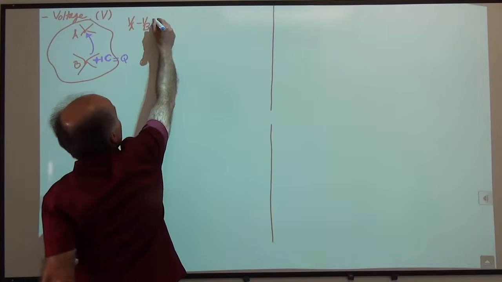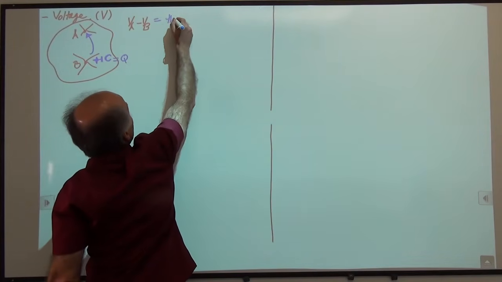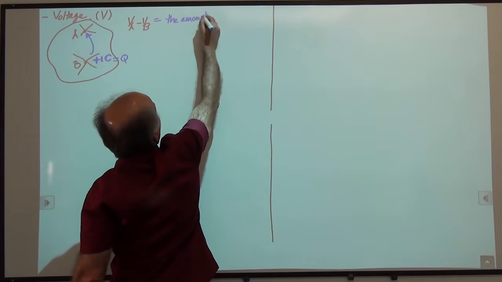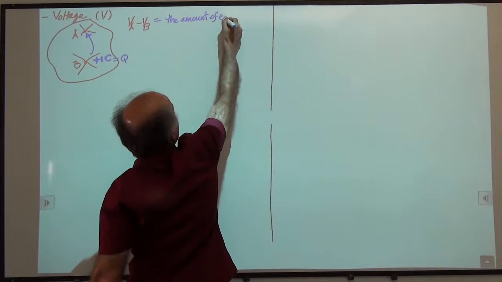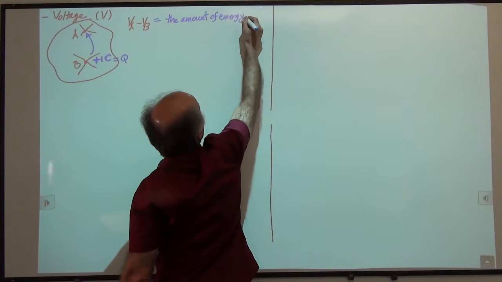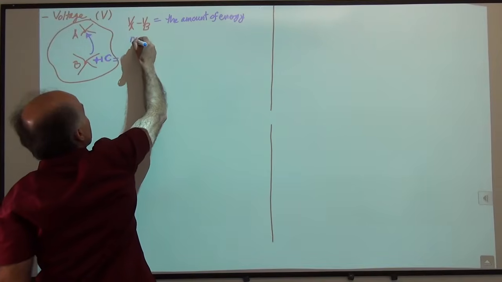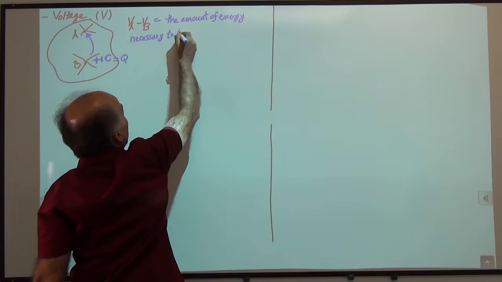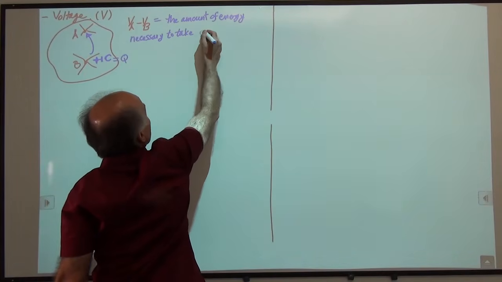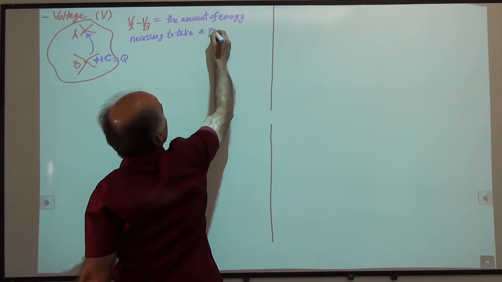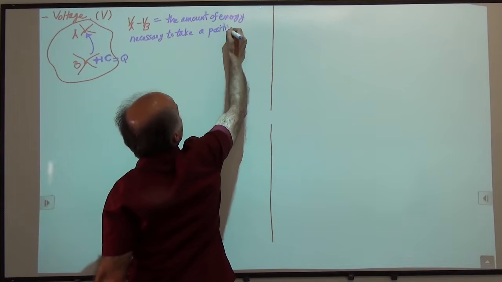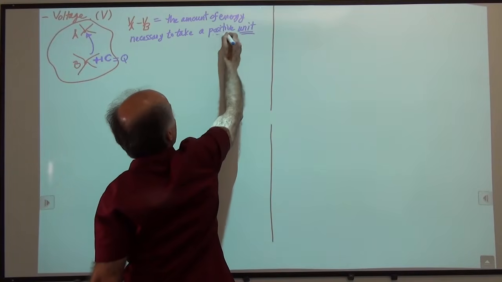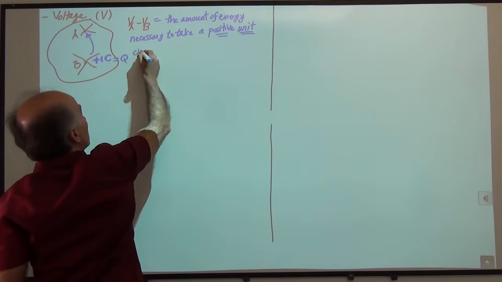So we're going to write this as the amount of energy necessary to take a positive unit charge from B to A. It has to be positive and it has to be a unit charge.